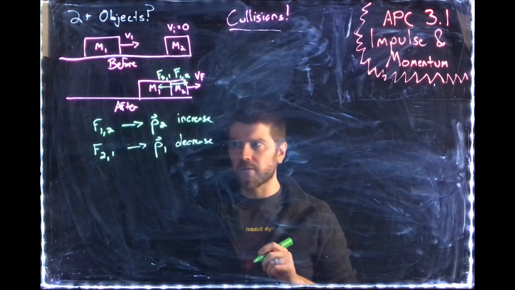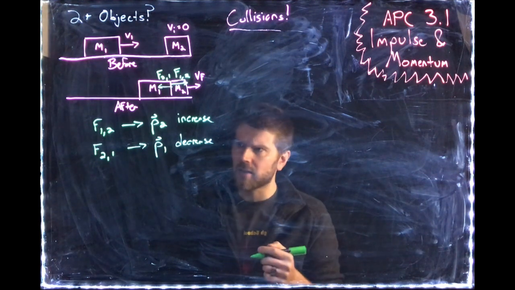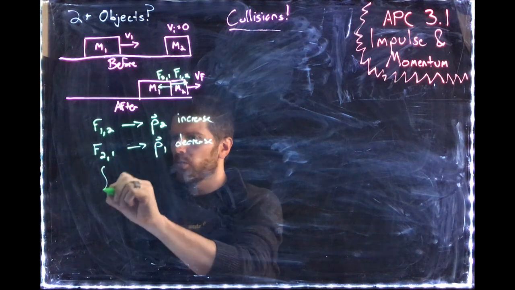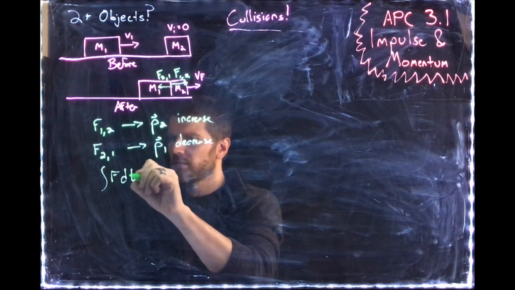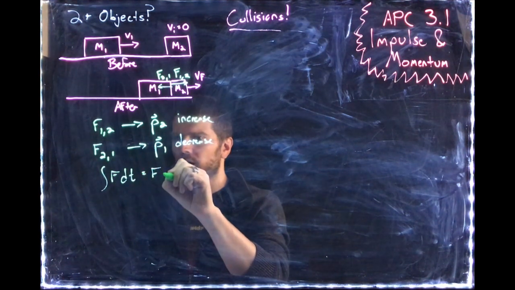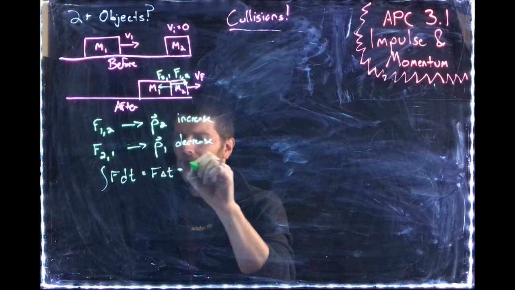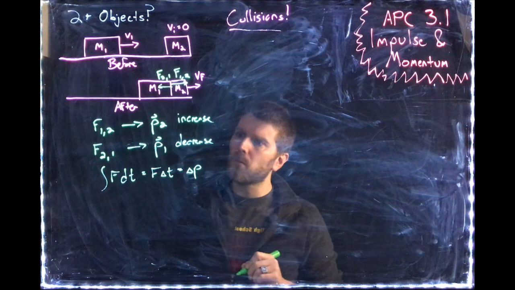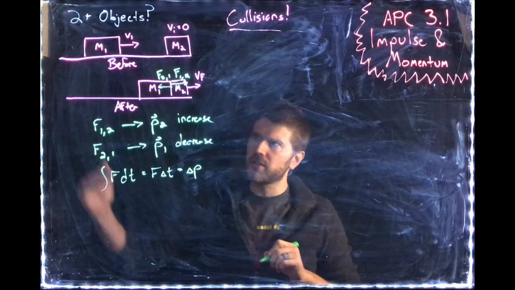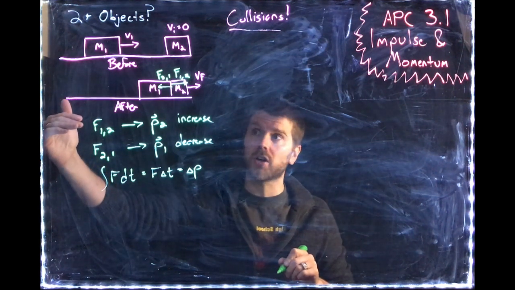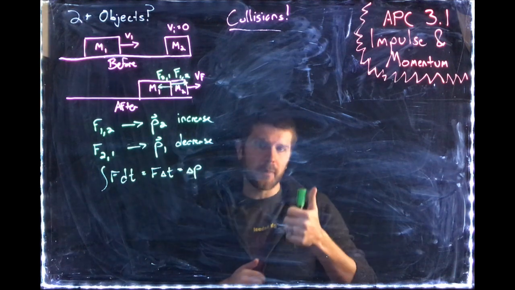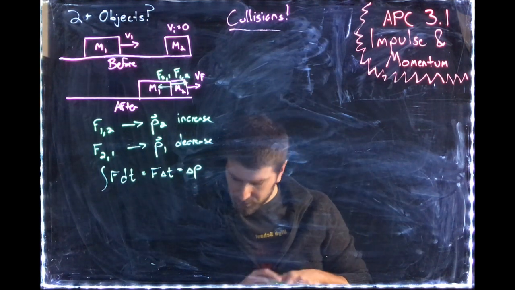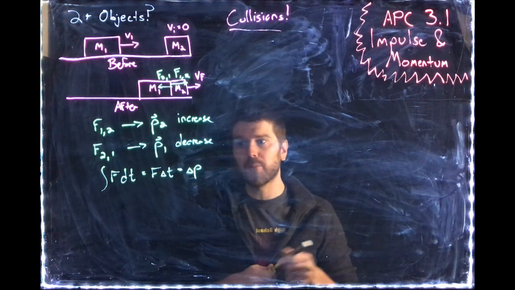And we know this, of course, because we've got our idea of impulse, right? That force over time, whether it's an integral of force or some constant force times time, results in changes in momentum. So one thing to note here is that these internal forces are going to cause block 2's momentum to increase and block 1's momentum to decrease. But we know something really important about these.